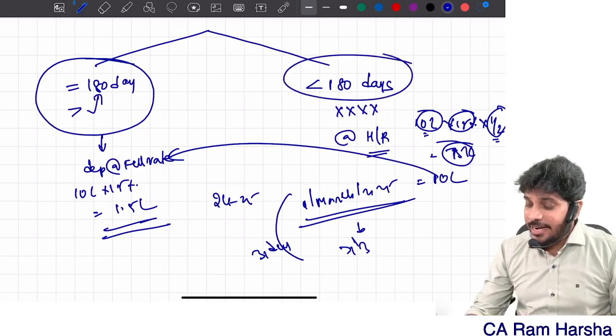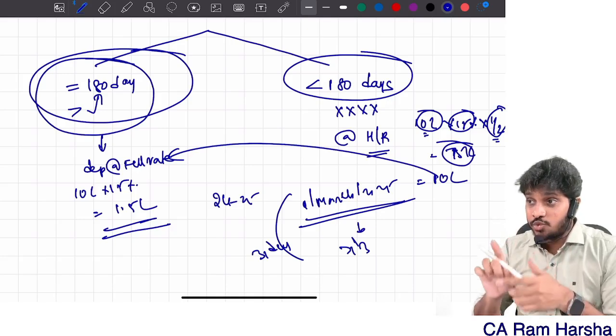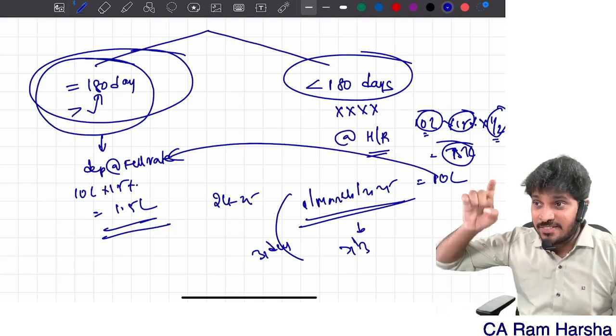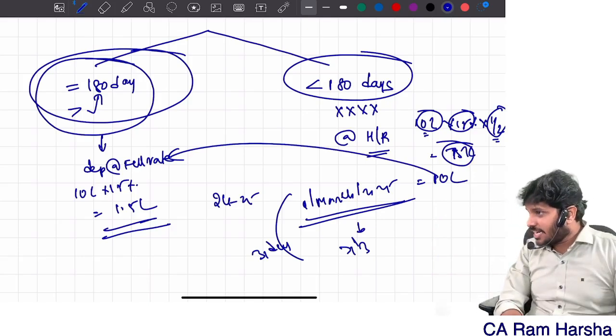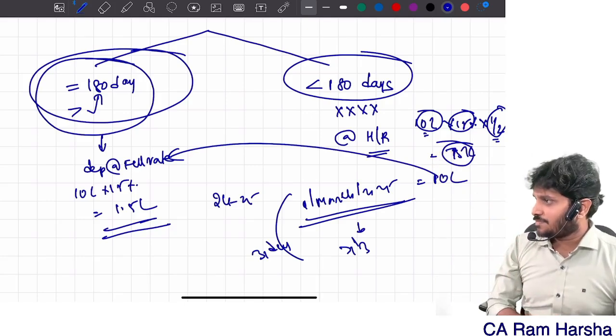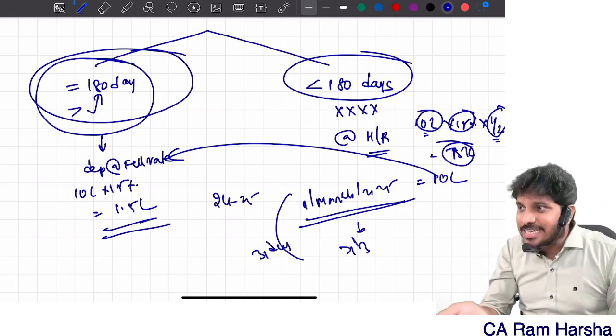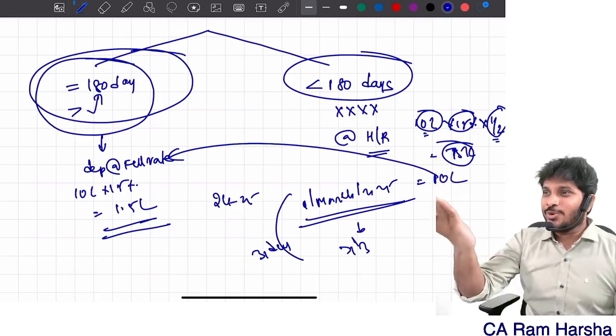Less than 180 days, more than or equal to 180 days: this question comes only for the first year in which the asset is installed. This condition will come only for the first year in which that asset is purchased. Sir, I purchased this year. Then only we will ask how many days you used. Once you installed, whether you use it or not doesn't matter.